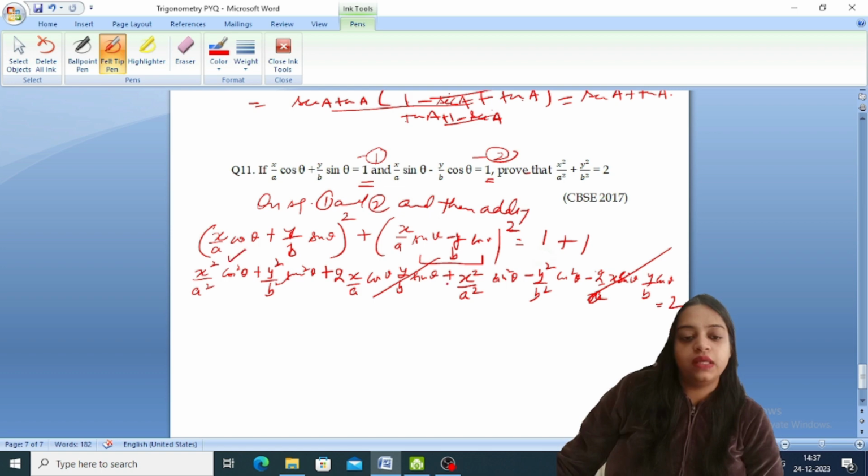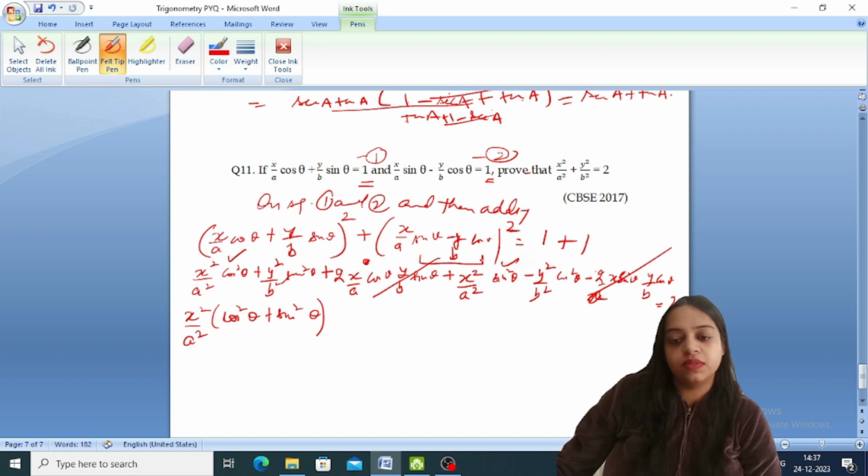Now from these two terms I am taking out x square upon a square common. So we are left with cos square theta plus sin square theta, and from these two terms, sorry, this one and this one, I am taking out y square upon b square common. This gives sin square theta plus cos square theta equals to 2.